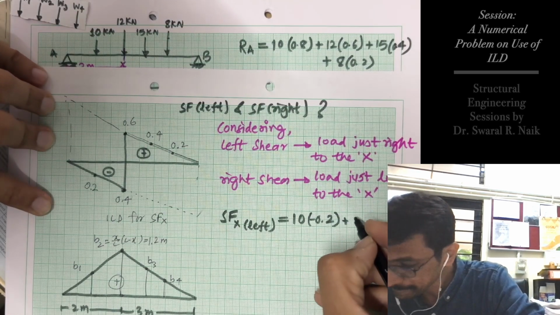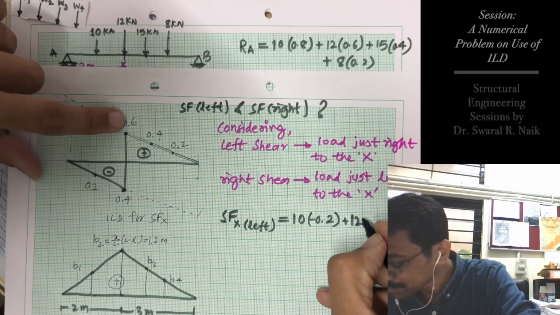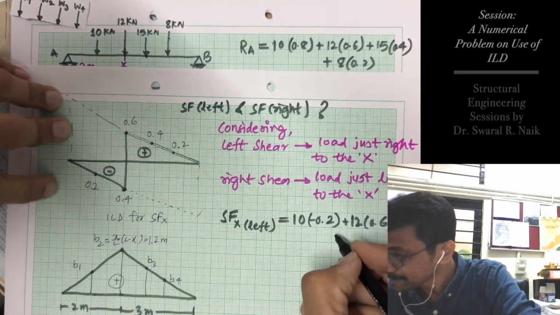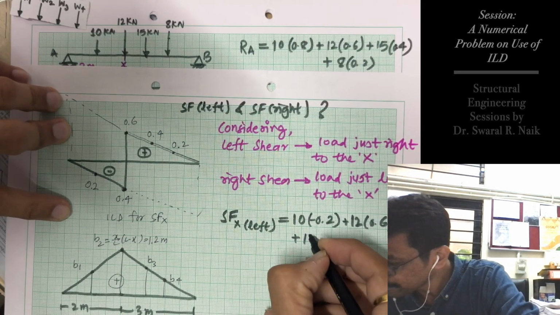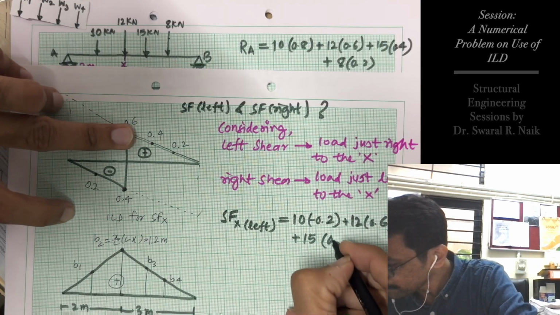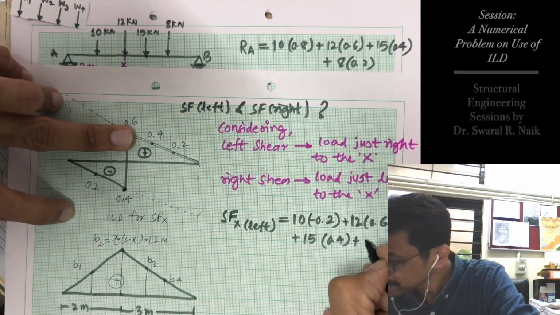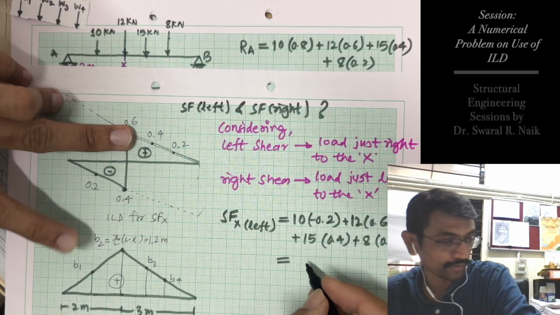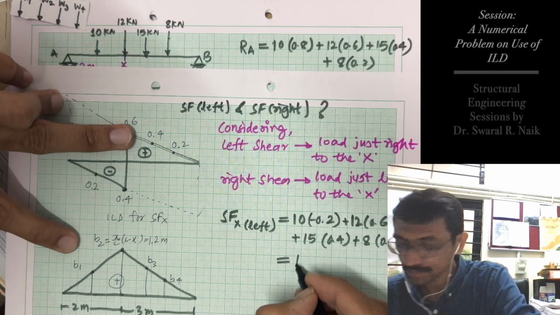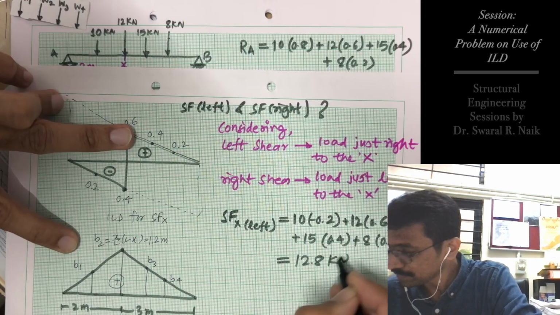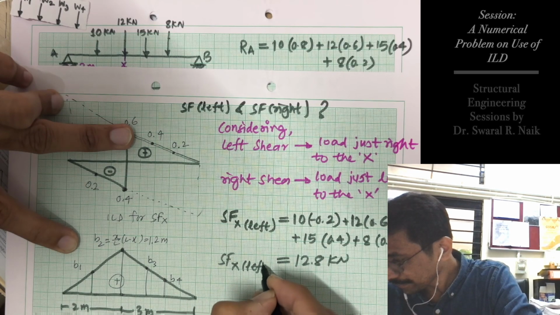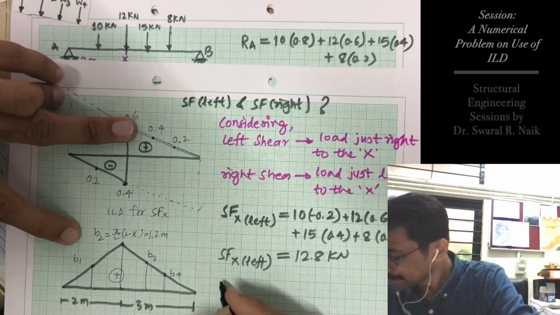So plus 12 into this ordinate, because load is on the right side of the section, plus 15 into 0.4 plus 8 into 0.2, and the answer I have already calculated is 12.8 kilonewton. So SFX left.